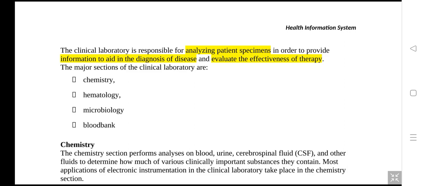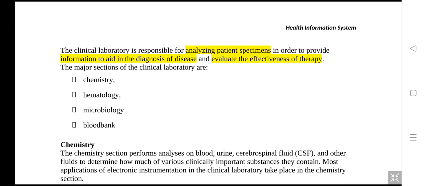So the clinical laboratory is responsible for analyzing specimen information, in order to provide information to aid diagnosis of disease and evaluate the effectiveness of therapy.